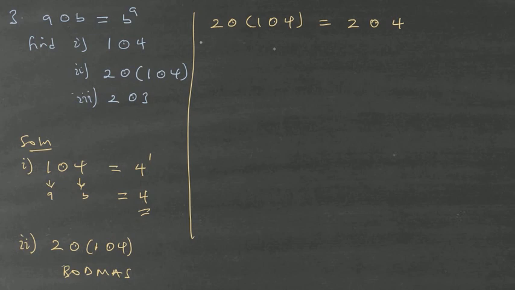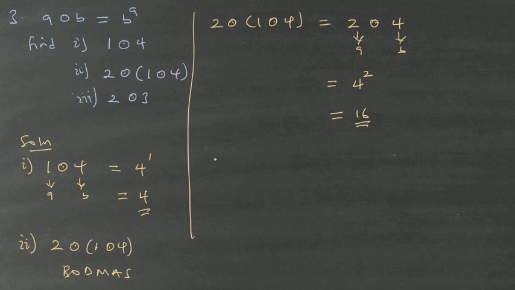So we are using it again here. So we compare, this is now our a, this is our b. So when we use the rule which says that a operation b is equal to b to the power a, then our b is 4 to the power a, which is 2. So this one gives us 16.